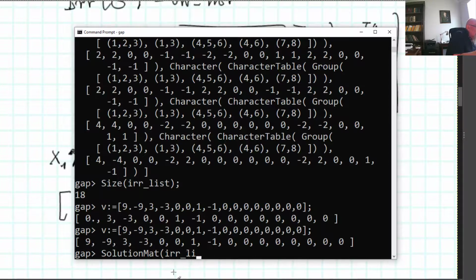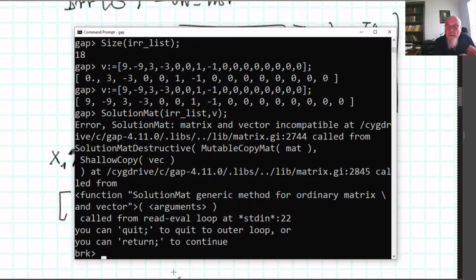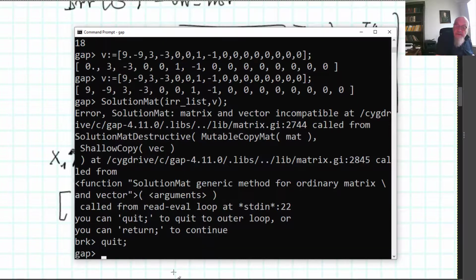Ir list, and I put here V, and I hope it works. I have to find out what I did. Probably I wrote something. Solution matrix. Did I write V? V is here.